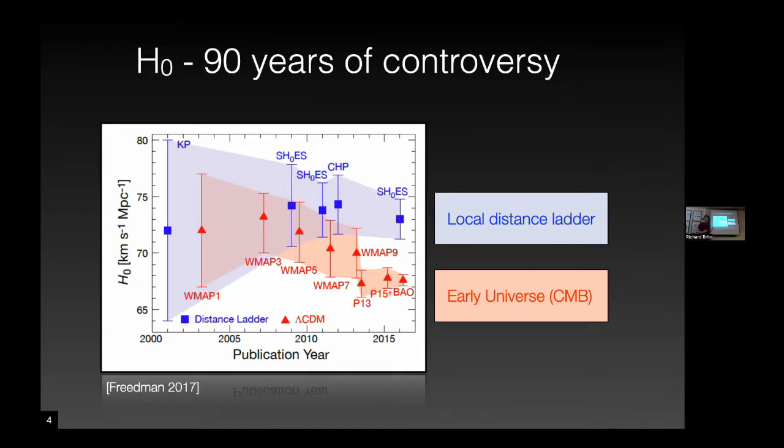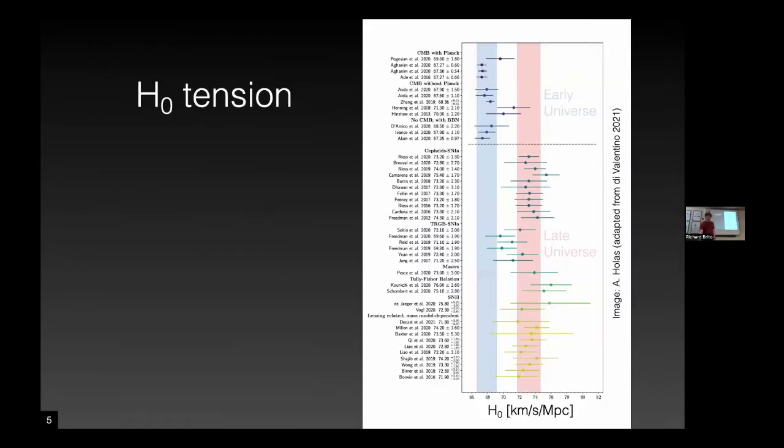And by now, there is a relatively severe tension between local measurements and early universe measurements. You can see here there are a lot of measurements by now with different methods. Local measurements typically give values around 72 to 74, whereas CMB-based measurements give something around 67, 68.